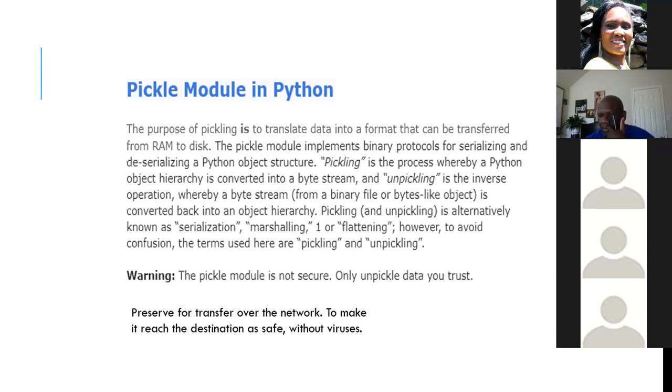So if you pickle them, then you preserve them for transfer over the network to make them reach the destination safe, without viruses or any interference. So when Monica, whom I was sending the file to, receives my file as pickled, she will unpickle it. So it is like compressed so that she can unpickle it and have it safely.